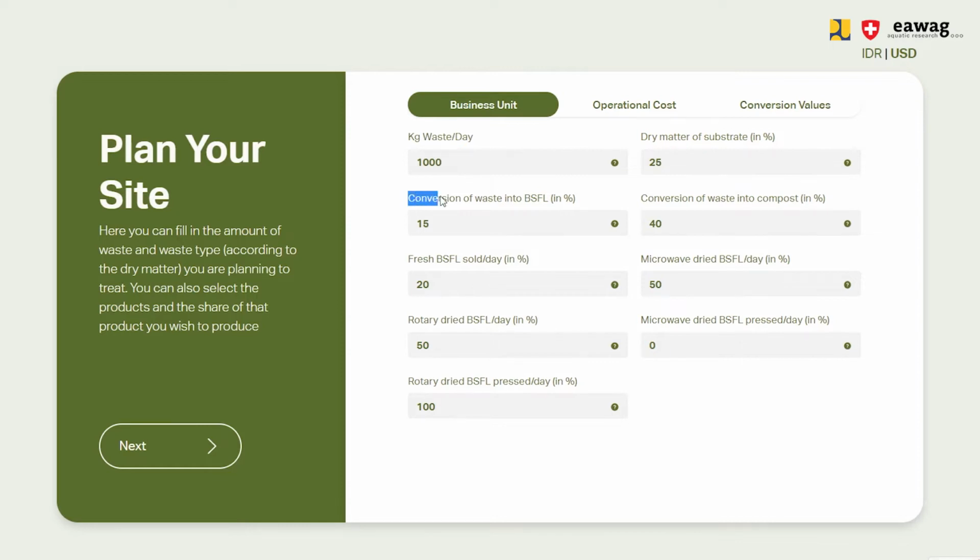Then we go to the conversion of waste into BSFL in percentage. This value describes what you can expect in terms of black soldier fly larvae biomass to come out of the waste in percentage. So, for example, right now it says 15%.